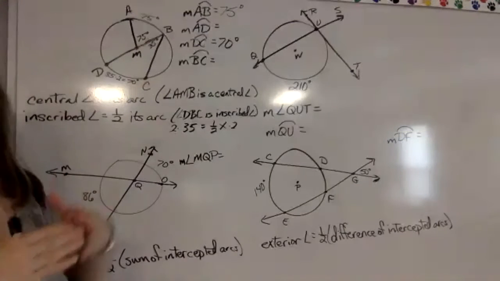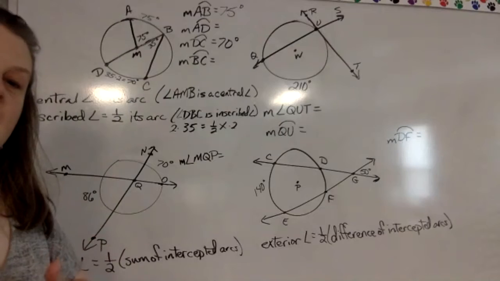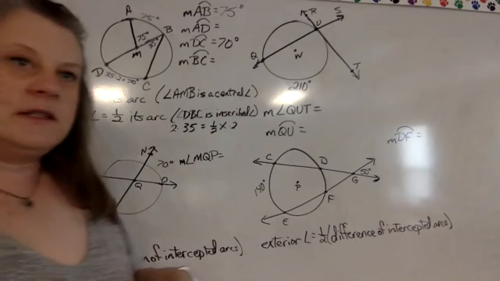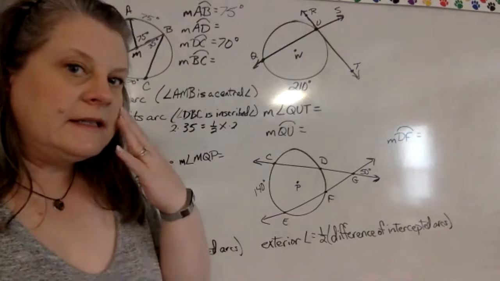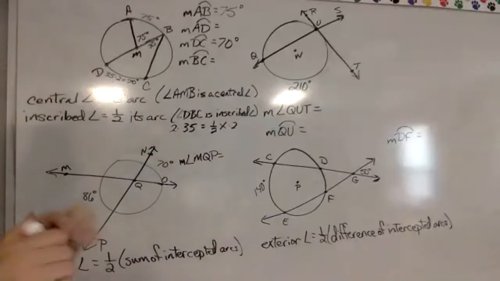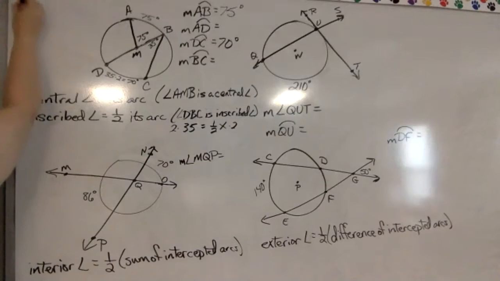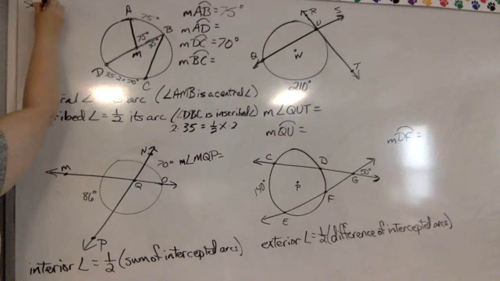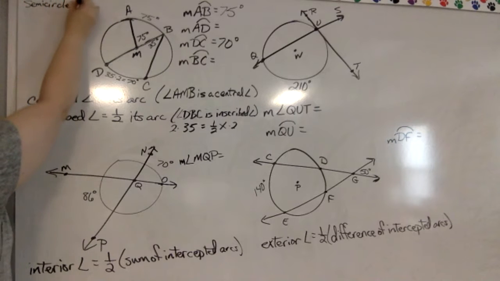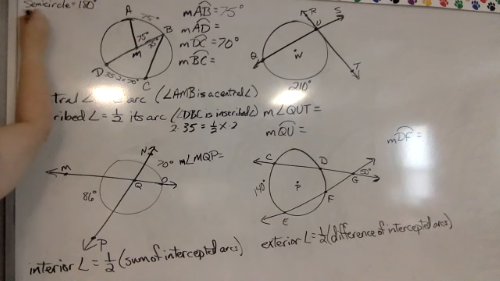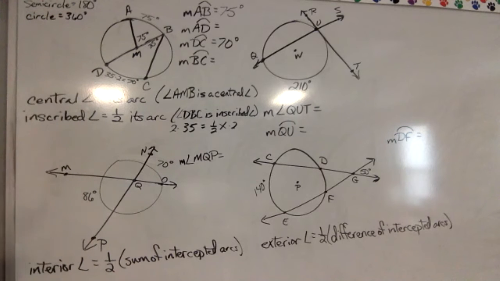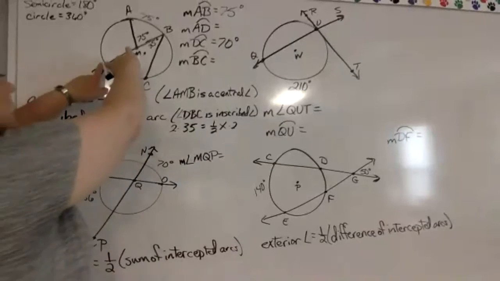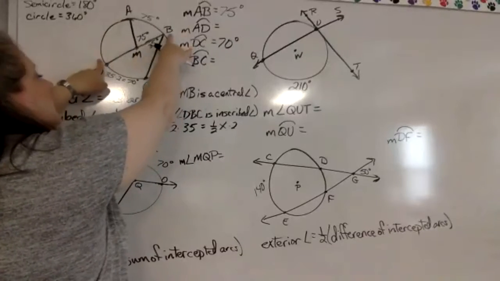But DB is what we call a diameter. It divides the circle in half. What is half of the circle called? A semicircle. So we should know a semicircle equals 180 degrees because a full circle equals 360 degrees, right? So from D all the way around here to B is half the circle.